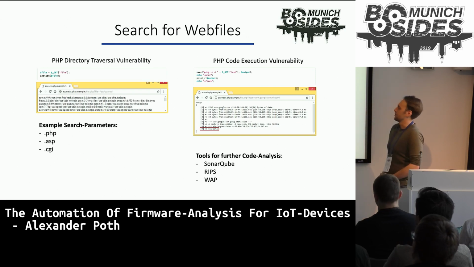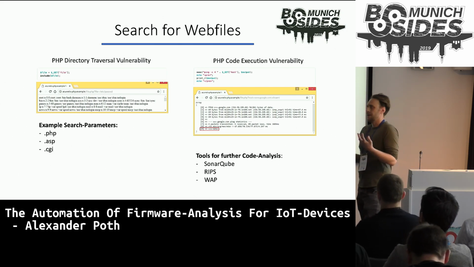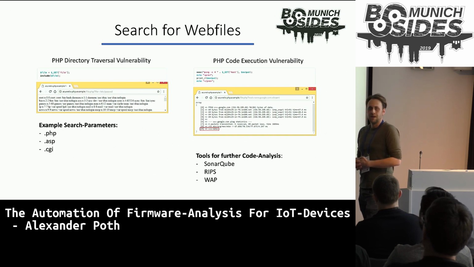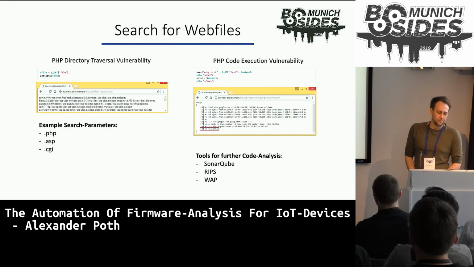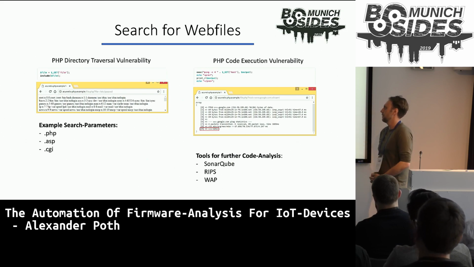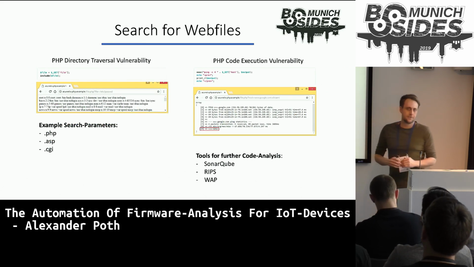So we should always search for any web files like PHP, ASP, CGI, and have a closer look inside these files. Maybe we can find, for example, command injections inside the source code. We can do this process manually, or we can just use any well-known tools, for example SonarQube, RIPS. These are very well-known, very good tools to scan our source code automatically.